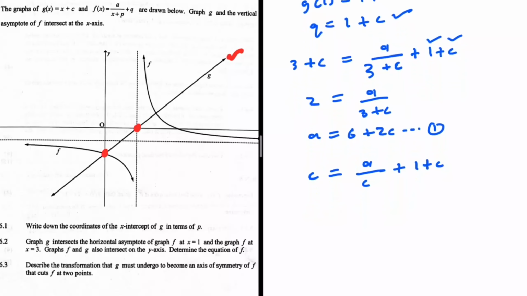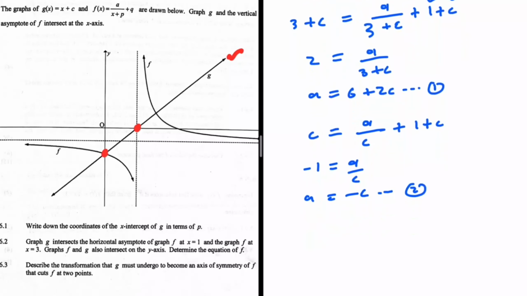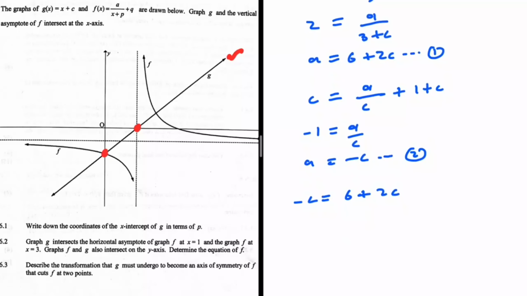We know fully well that q is 1 plus c. So look at this. If we take 1 and plus c to the left hand side, we get minus 1 equals a over c. So a is equal to minus c. This looks like equation 2. So now I can say that minus c is equal to 6 plus 2c.